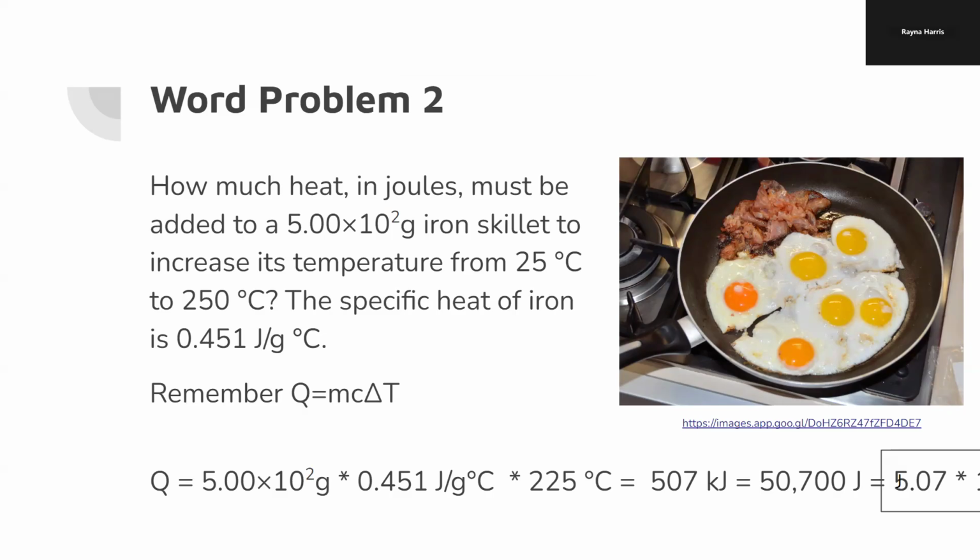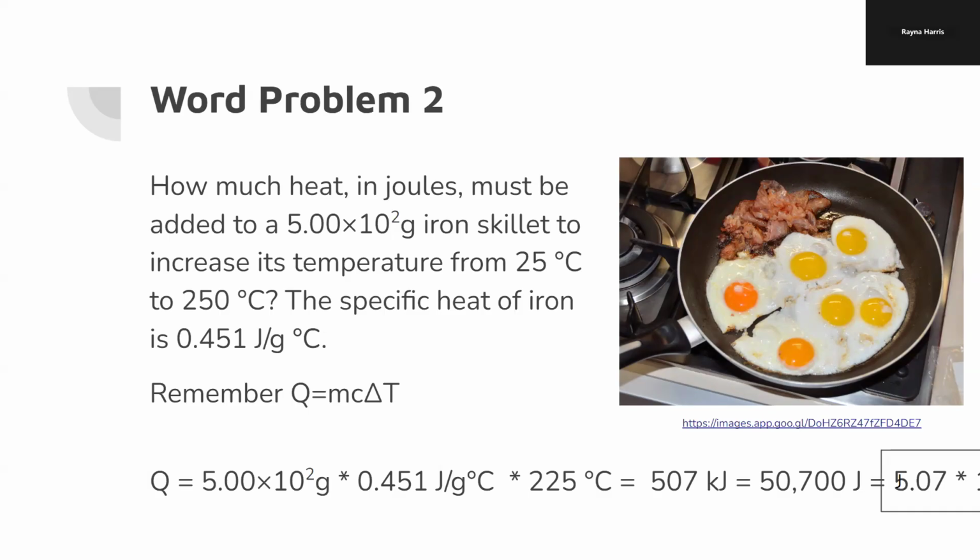But anyways, one thing I've noticed: when you're doing your equations, definitely put your units so that you can cross them all out to make sure that you're ending up with the right answer. So these grams cancel out with this gram on the bottom. This degree Celsius cancels out that degree Celsius, and we're left with a joule. So 50,000 joules or 507 kilojoules.